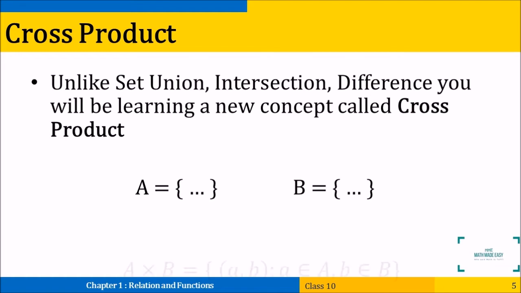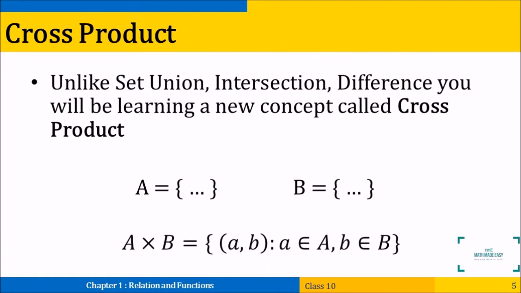The cross product of A and B is defined as A cross B equals the set of ordered pairs (a, b) such that element a belongs to the set A and element b belongs to the set B, right? The cross product results in a collection of ordered pairs. Ordered pairs represent positions.